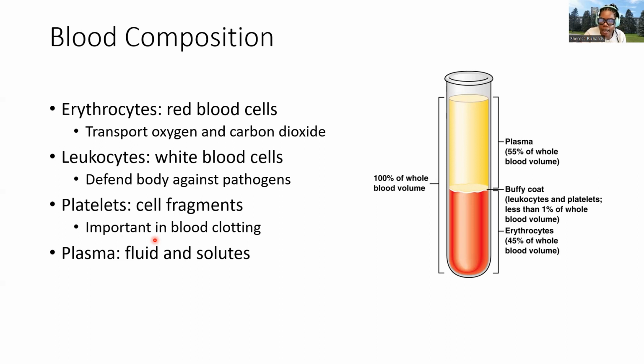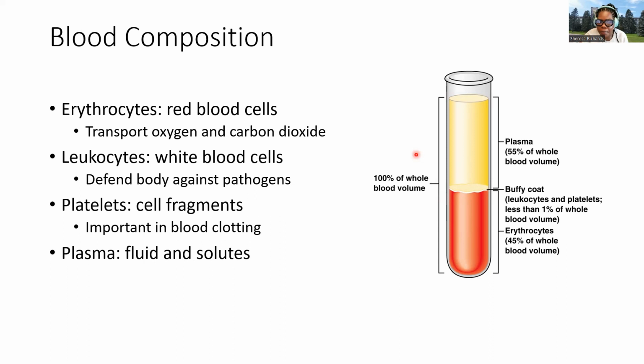You would see that about 45% of that total blood volume is just erythrocytes, just red blood cells. And that makes sense. The whole purpose of blood is for the circulation of oxygen. These erythrocytes have hemoglobin, which is what allows them to transport that oxygen.